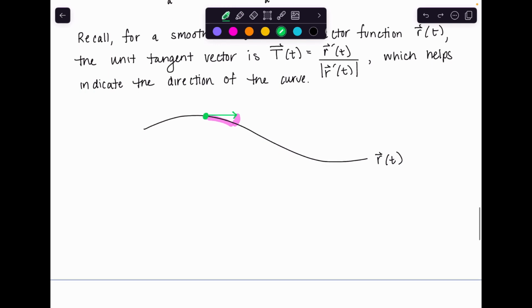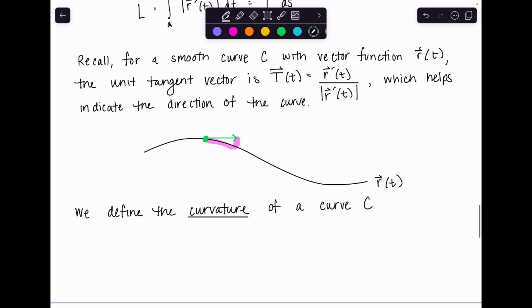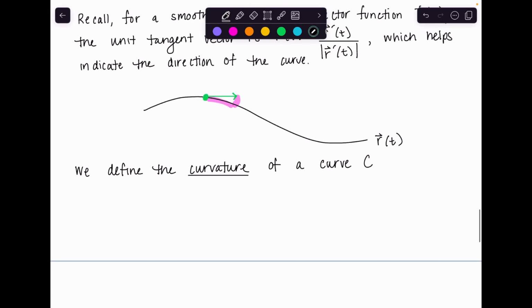So we define the curvature of a curve C, which is defined by that vector function r of t, to be the following. Okay.